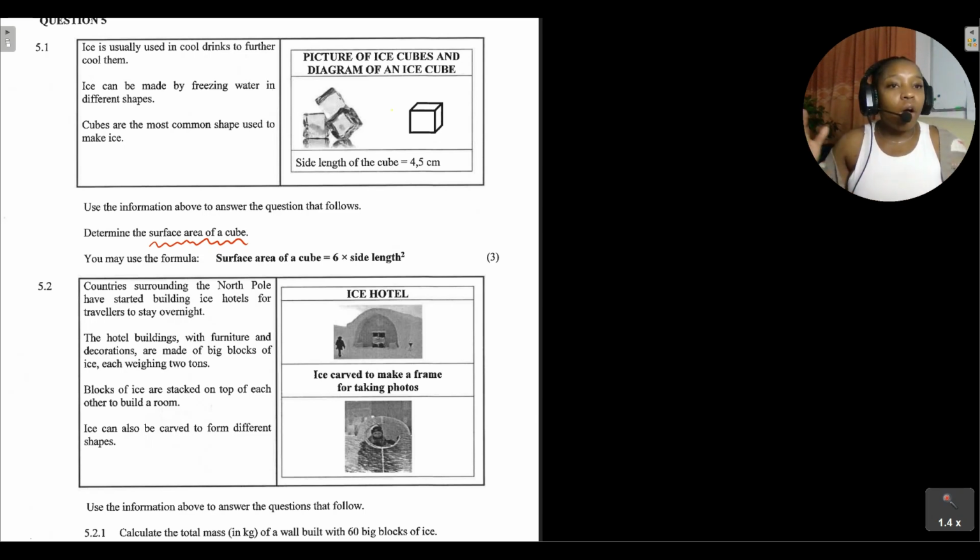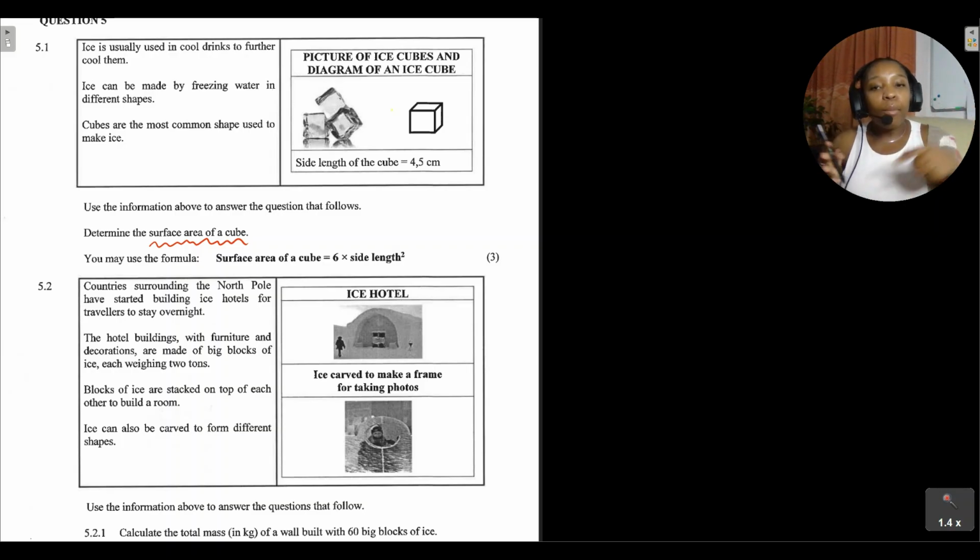Calculating the surface area of a cube is the easiest thing you could ever do. Because when we're calculating surface area, what are we doing? We are just trying to get the areas of all the faces of the cube and add them all up together. So we want to find the area of the top, bottom, front, back, and left and right sides of the cube.